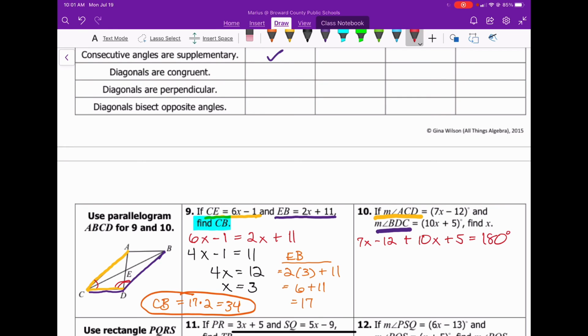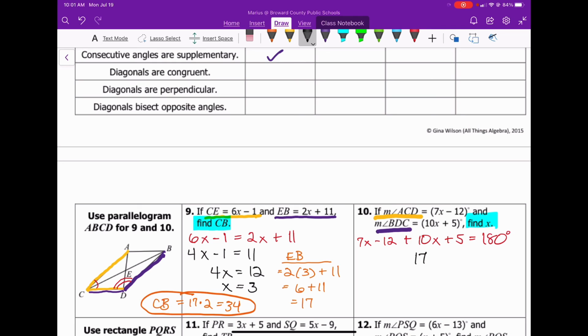And remember, those two angles that we just have drawn out are consecutive angles. So that means that, like we discussed, they're supplementary, which means they add to equal 180. So we're going to go ahead and solve for x, because that's all they want us to do, find x.